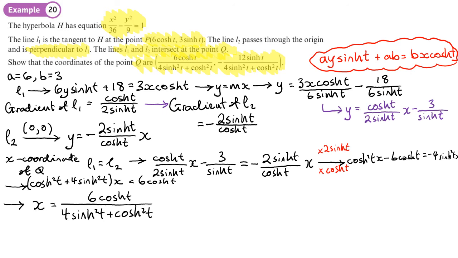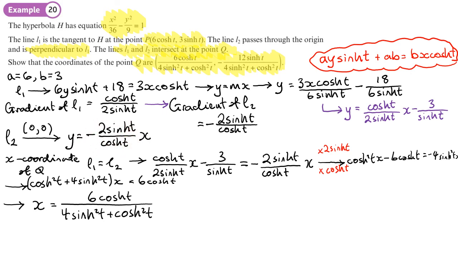So now we need to find the y coordinate, which is just a matter of substituting that x coordinate into the simplest looking equation to find y, and I'm guessing that the easiest way is to substitute it into here. If we multiply the x coordinate by this, we get the y coordinate.